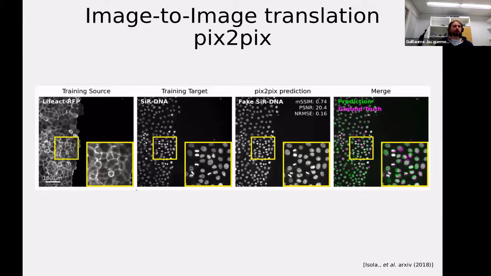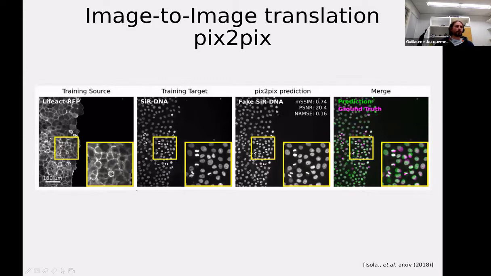For that, we can train different deep learning networks to generate fake images of what a different label would look like in these images. Here we've trained pix2pix to translate an actin staining into a DNA staining in order to predict where the nuclei would be in the image.